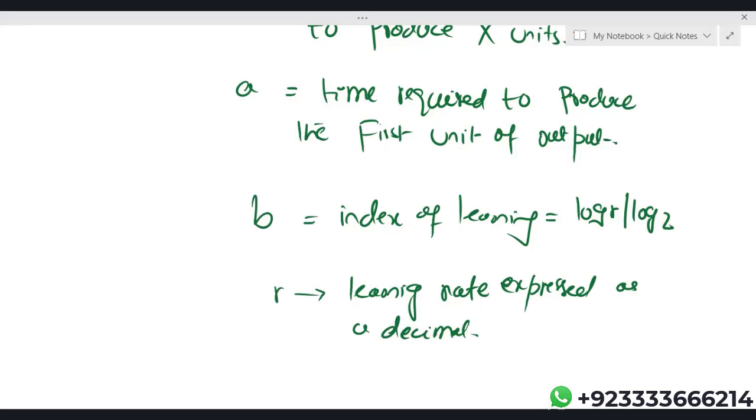If the learning rate is not given, how to calculate and how to solve this learning curve equation on the spreadsheet. So the coming class is extremely important. Inshallah, in the coming class, we'll complete this learning curve. So thank you very much, students, for watching this lecture.